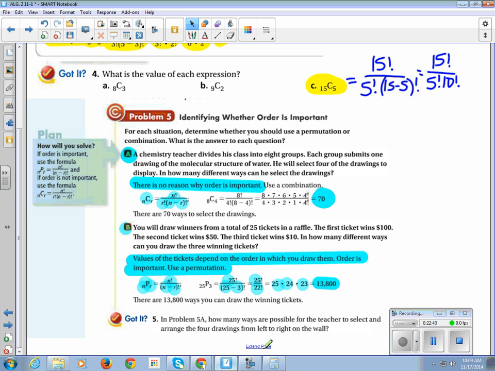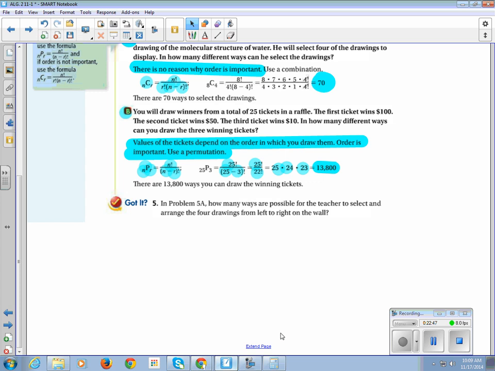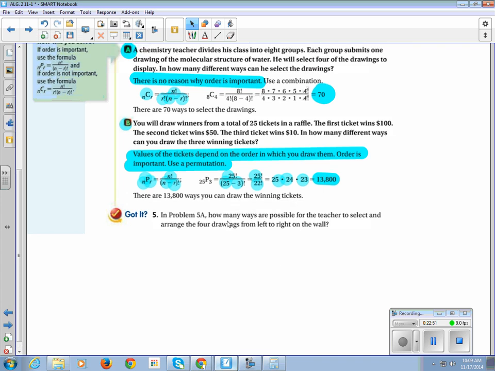All right, so let's do a sample problem. In problem 5A, how many possible ways for the teacher to select and arrange the 4 drawings from left to right on the wall? So in this scenario, does order matter?